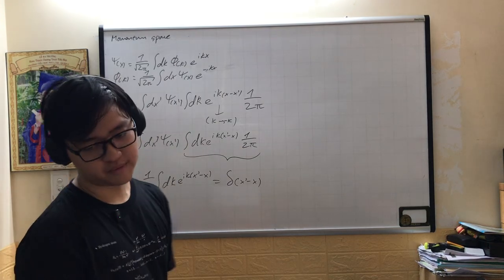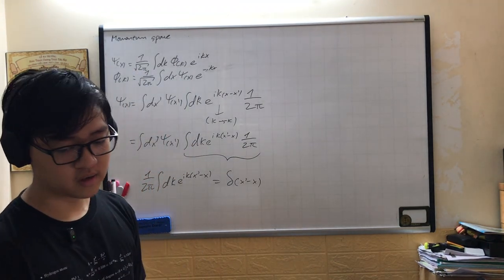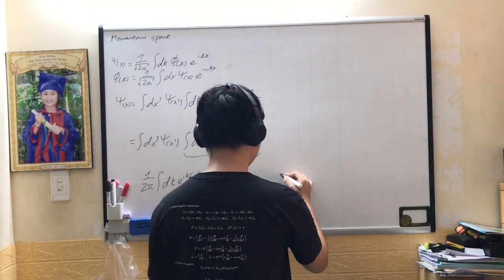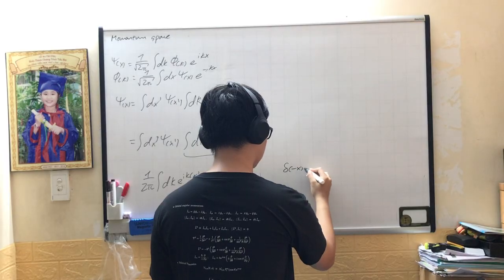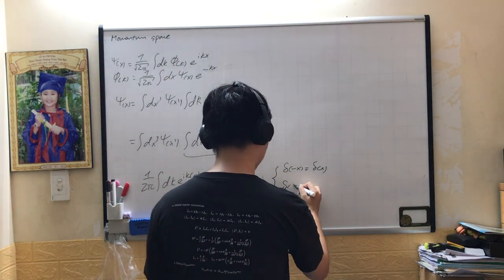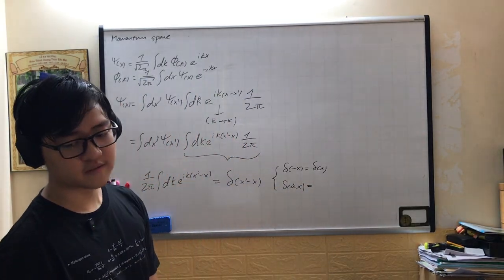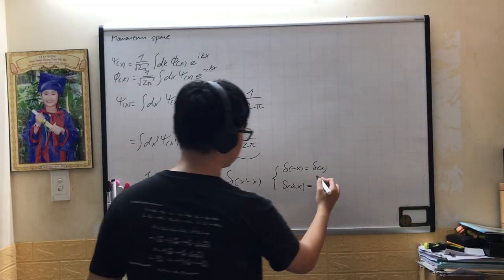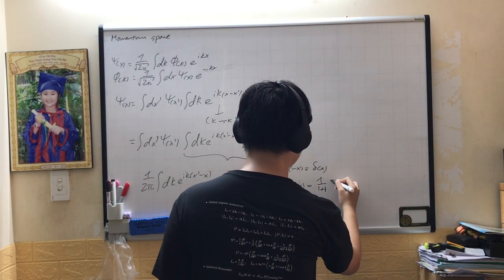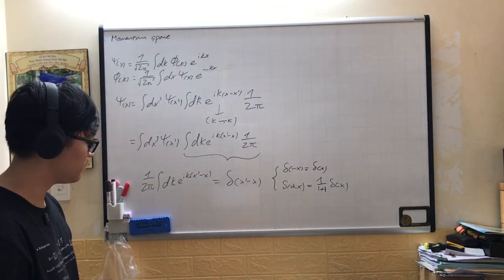It has some properties. It is symmetrical, and when you have a scaling factor alpha inside the delta function, it equals 1 over the absolute value of alpha times the delta function itself in x only.